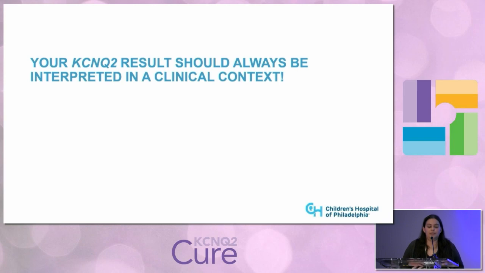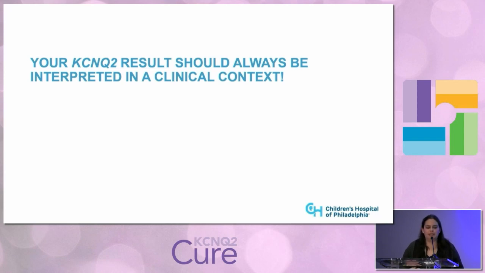So your genetic testing results should always be interpreted in a clinical context. I think a good example of this was the question that we had earlier regarding whether a variant was gain of function or loss of function. Based on clinical presentation, we can make a good guess there, or an informed way of thinking about it.